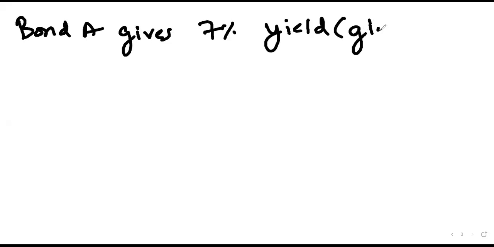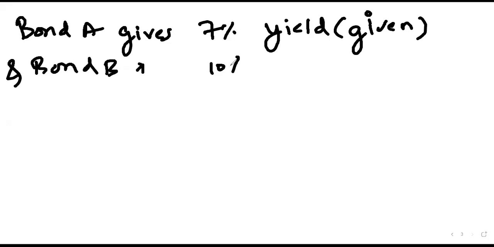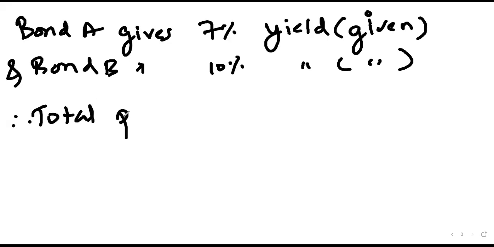Bond A gives 7%, and bond B 10%. Therefore, total profit Z is equal to how much?